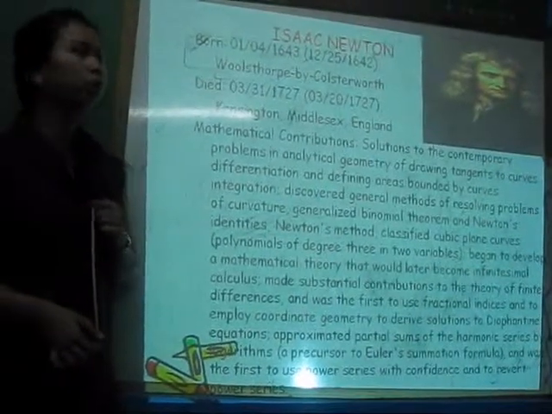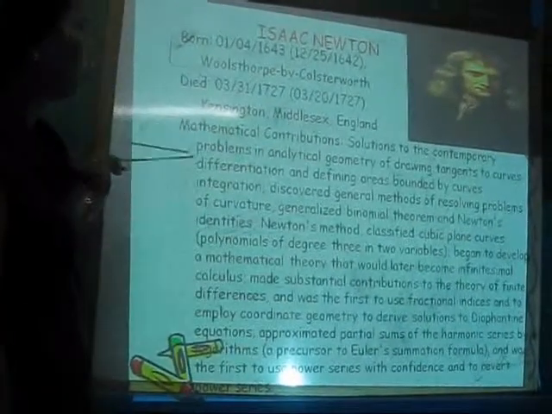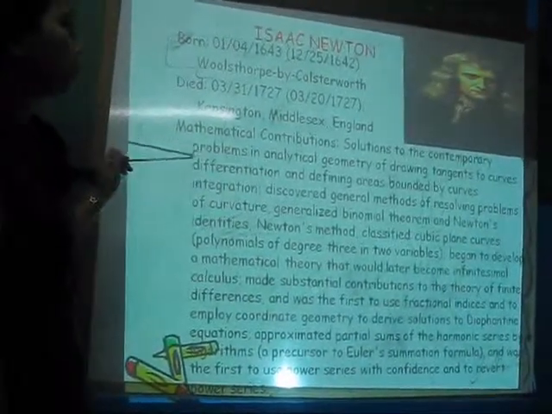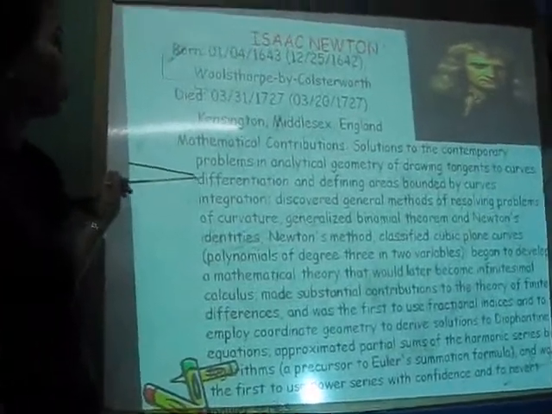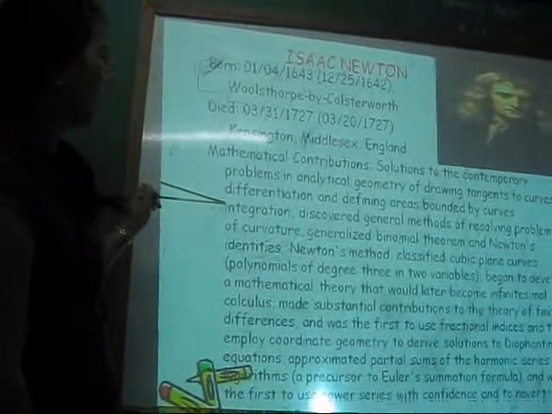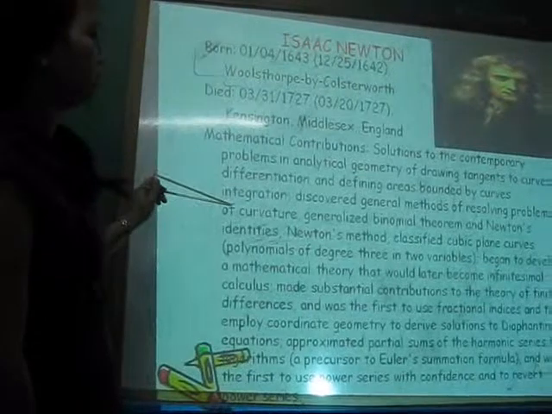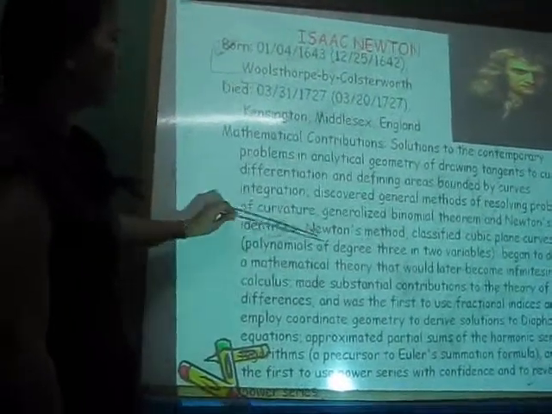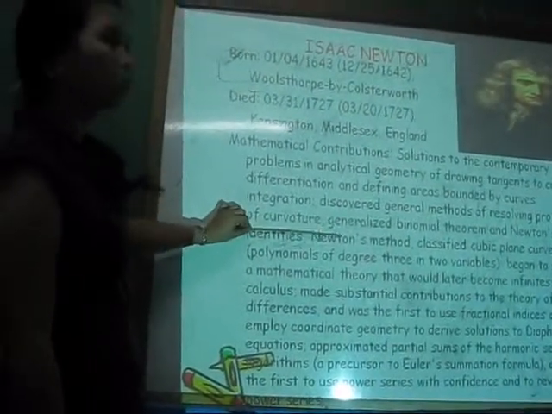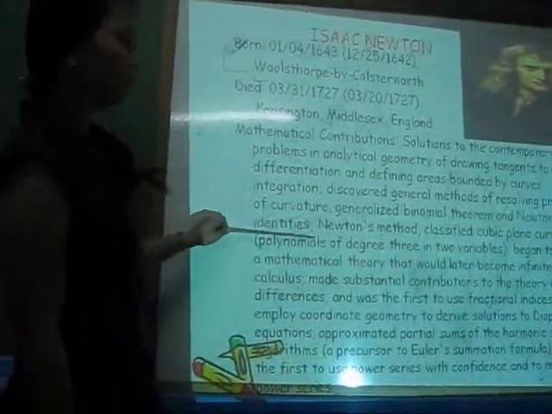His contributions in mathematics are solutions to the contemporary problems in analytical geometry of drawing tangents to curves, differentiation, and defining areas bounded by curves, integration. He also had discovered general methods of resolving problems of curvature, and he was the one who generalized the binomial theorem and Newton's identities.